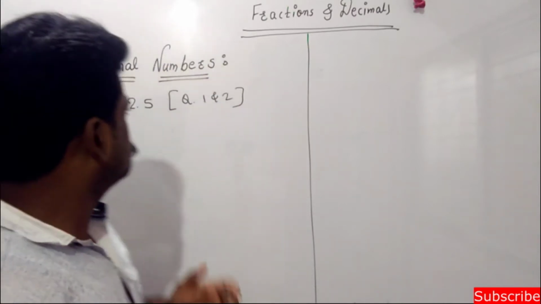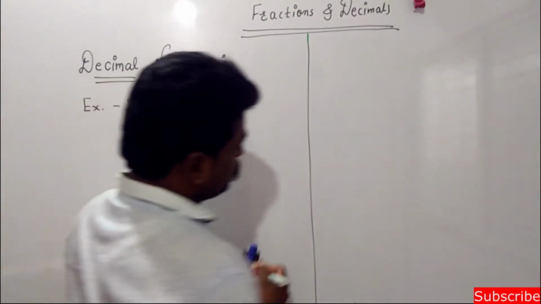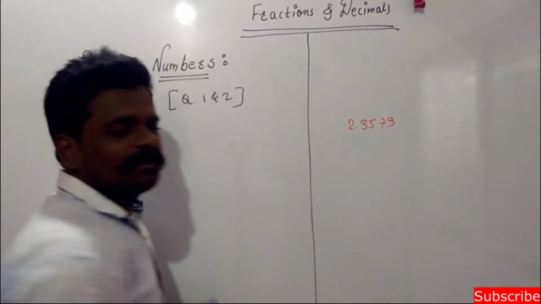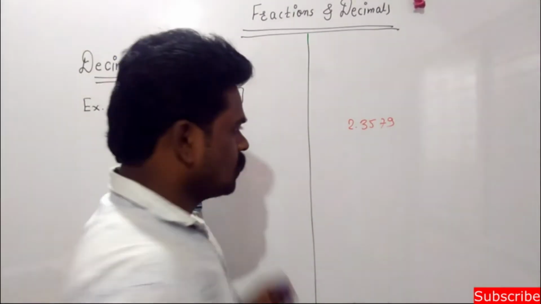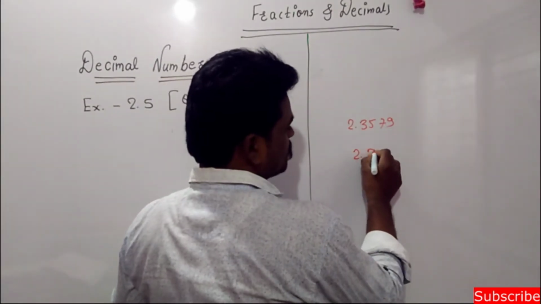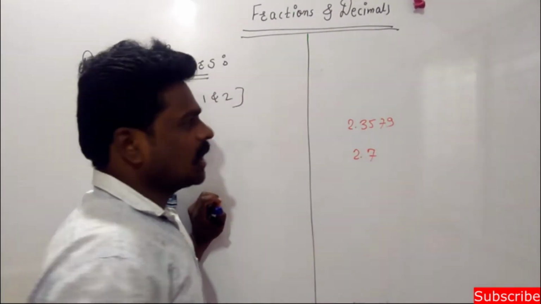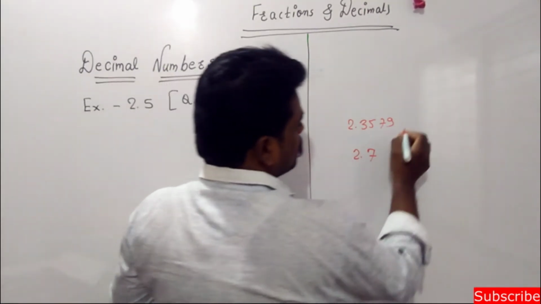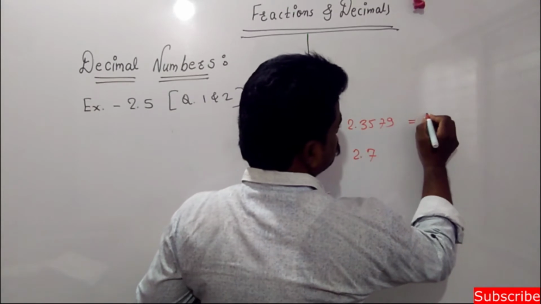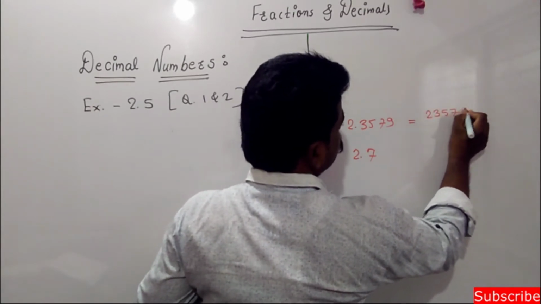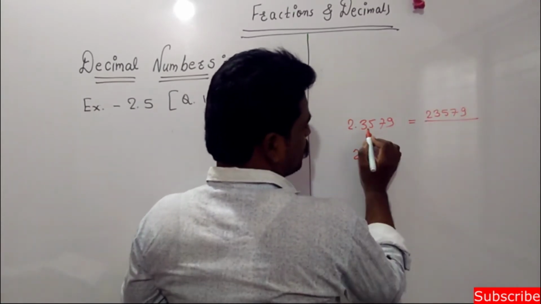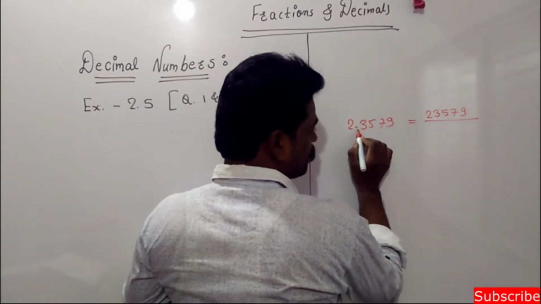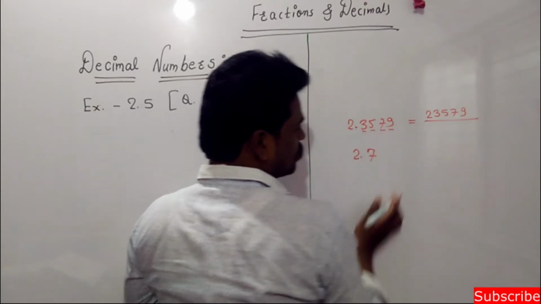Okay, fine. The numbers which we can express in this form, 2.3579, is a decimal number, or we can say 2.7 is a decimal number. Now how can we write it in fractional form? We can write it as 23579 divided by... how many digits have you shifted this decimal point by? 1, 2, 3, 4.